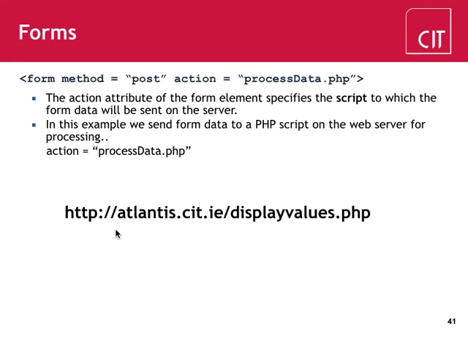So if you put these attributes in your form tag, and then you have a submit button, when you click submit, the browser will hoover up all the information from the input elements on the form and then send them off to the PHP server. And so if you were ordering a pizza, that might result in a pizza arriving at your house in the next 30 minutes or something.